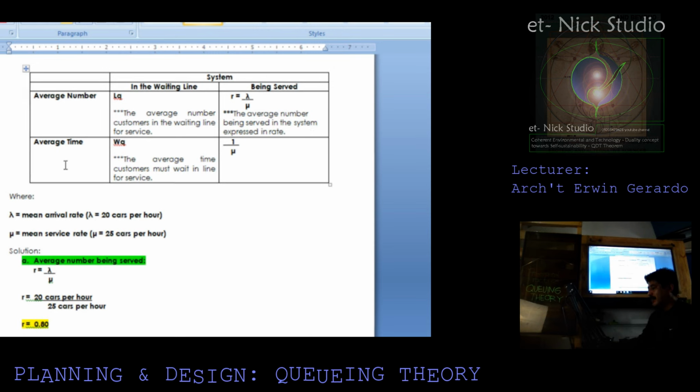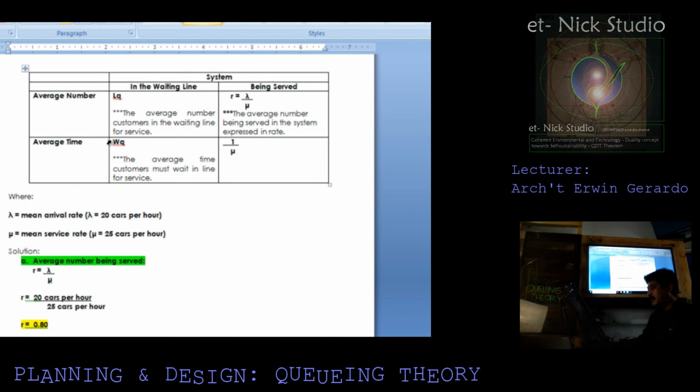So the next row here is the average time in the waiting line, which is represented by WQ, which corresponds to the average time customers must wait in line for service.